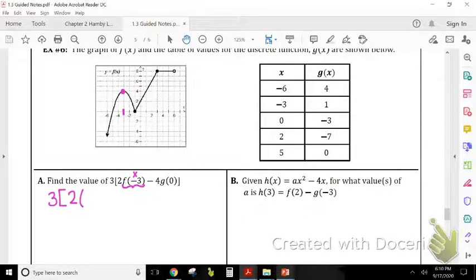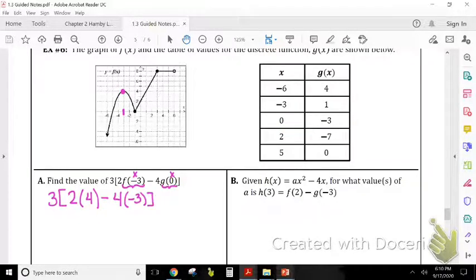So we're going to replace that f of negative 3 with a 4. Minus 4 times g of 0. Well, that's g of x, so I'm looking for the y value when x is 0. So I'm going to come over here to the table. When x is 0, I find that the y value is negative 3. So we're going to plug that into the location there.